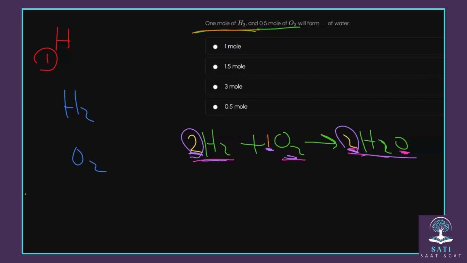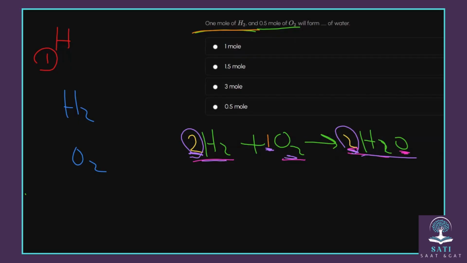Good. For this equation now, the number on the left, which is the number of moles, we can divide it or multiply it by any number as a math equation. That means you can multiply the whole equation by 1, 2, 3, 4, or divide it by any number. We can do that to get what we need.